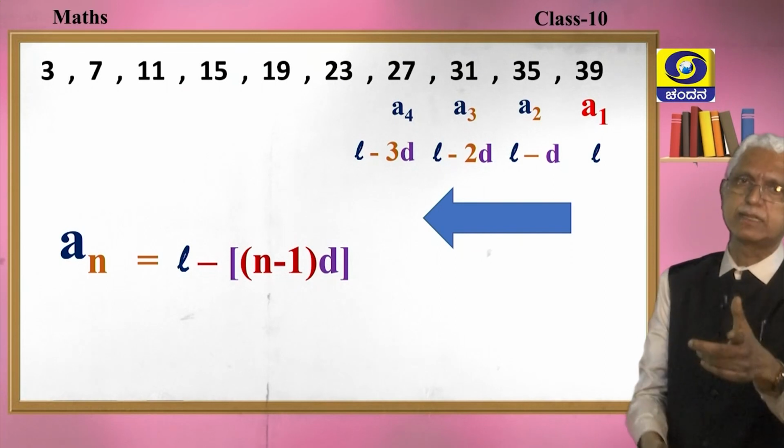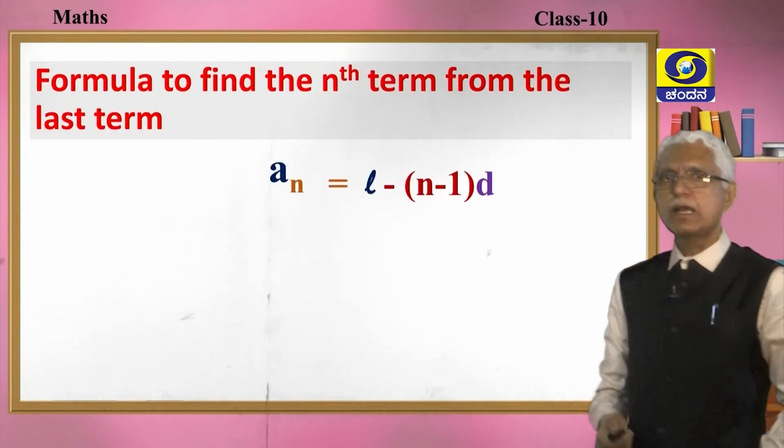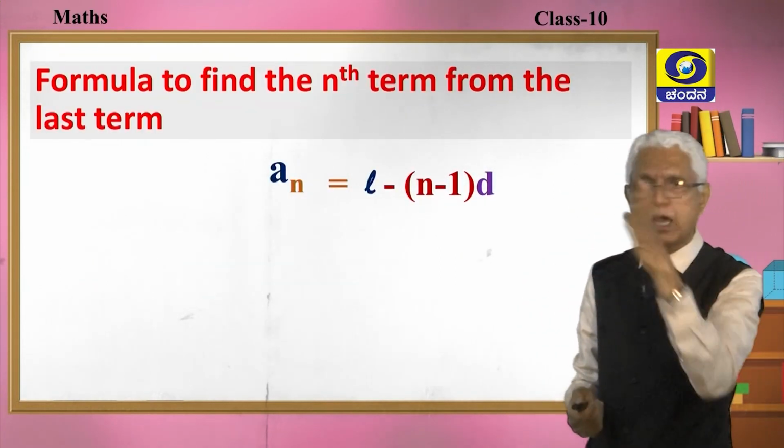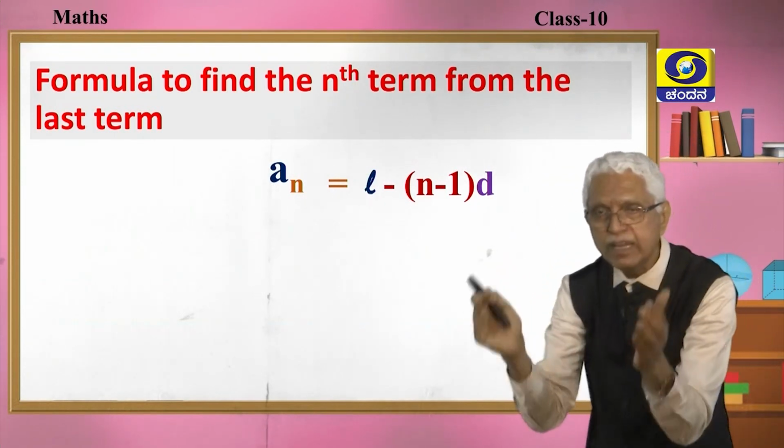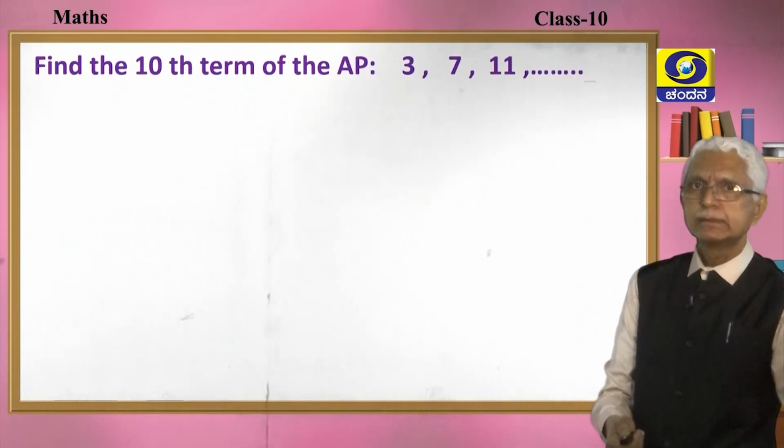That's wonderful, my dear children. So the formula to find out the nth term from the last term is an is equal to L minus (n minus 1) into D.